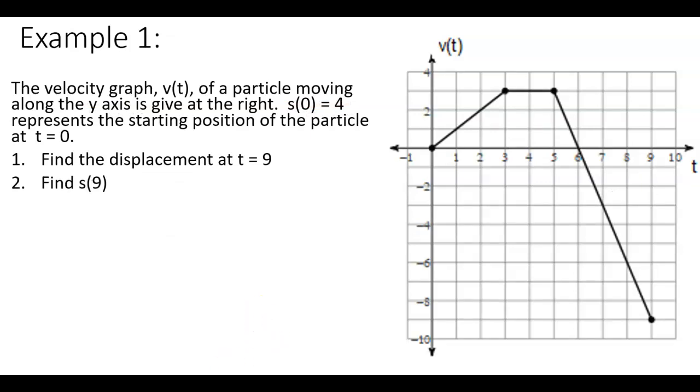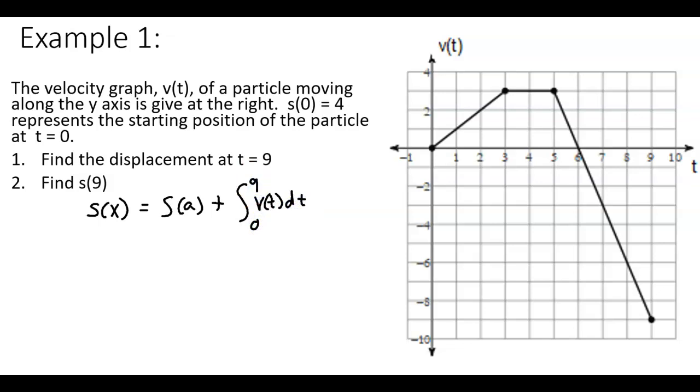Find S of 9. Find the actual position. Well, we know that the position of the particle is equal to its starting point plus its displacement from 0 to 9.